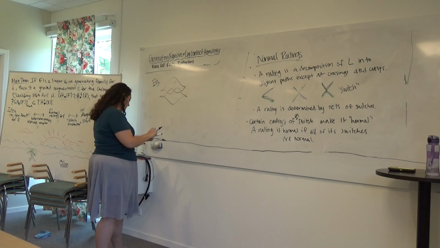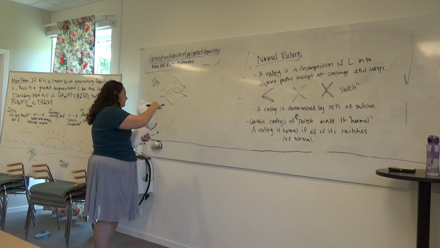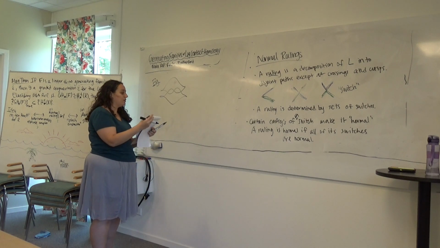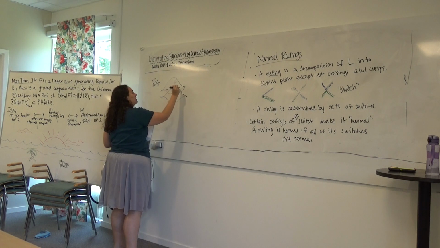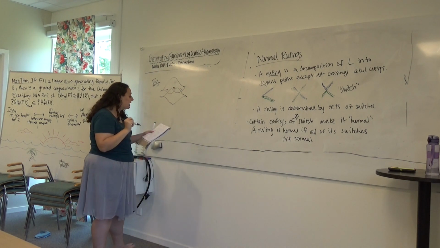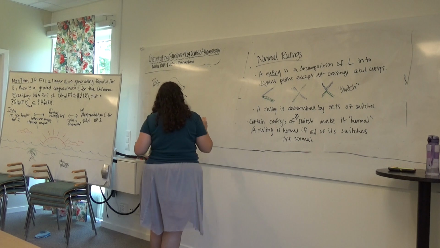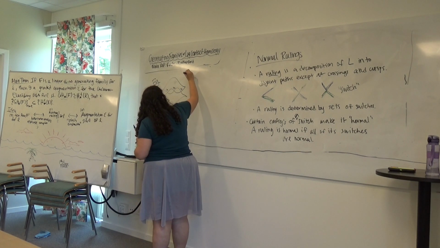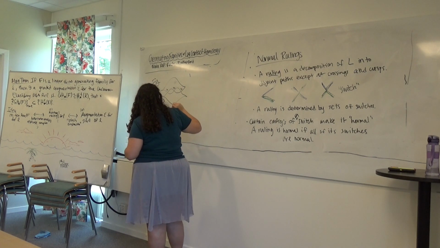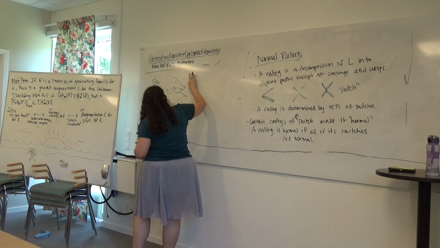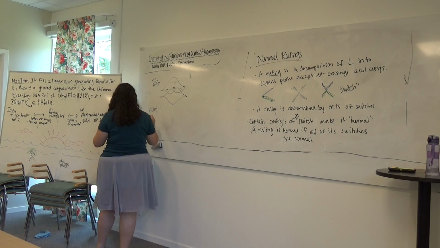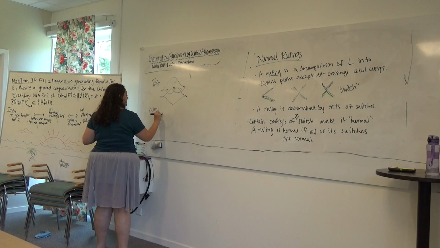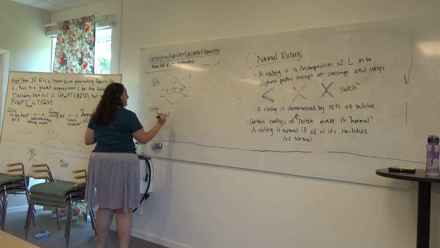Okay, so we've got the trefoil. Let's label the crossings S1, S2, S3. I claim that the rulings are going to be given by S1, S2, S3.